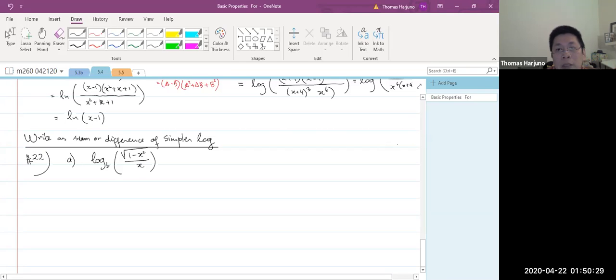I need you to be aware of this: log of A over B is different from log A over B. Now you see the line here, just because it's slightly longer, it means this, right?